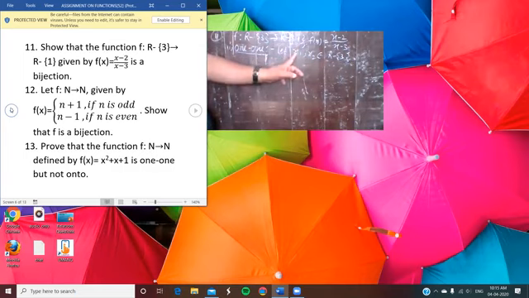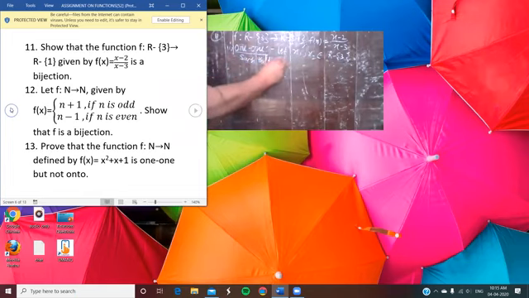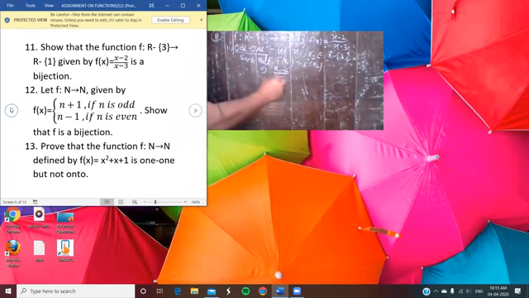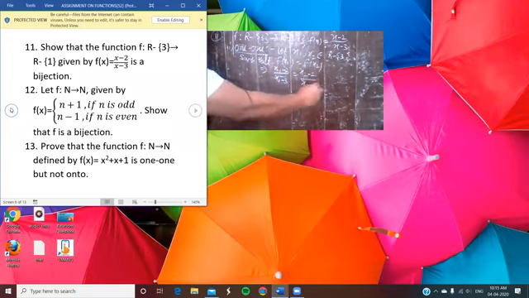So you have to take distinct elements x1, x2 belonging to R minus 3 such that f(x1) is equal to f(x2). Now putting the values in the given function, this implies (x1 minus 2) upon (x1 minus 3) is equal to (x2 minus 2) upon (x2 minus 3).